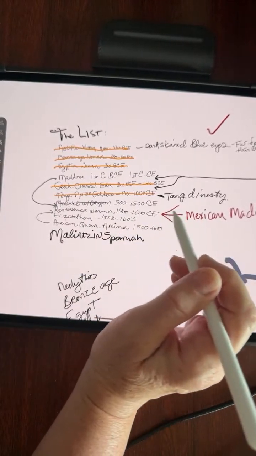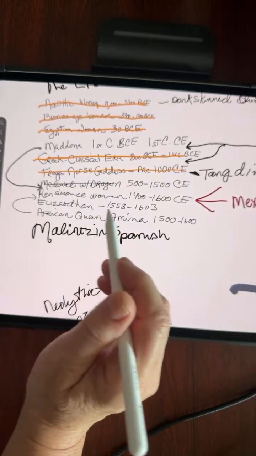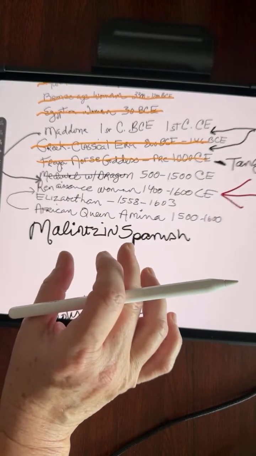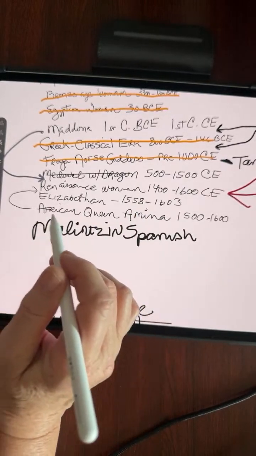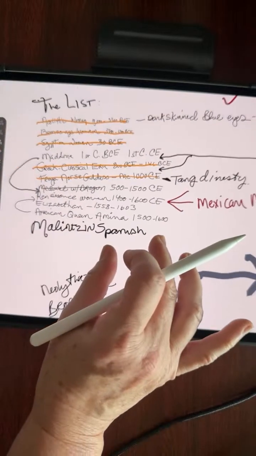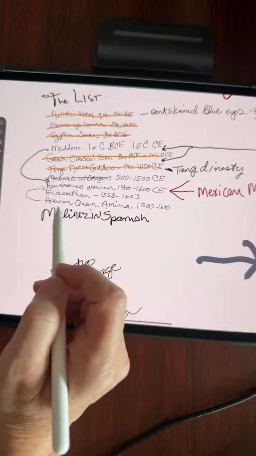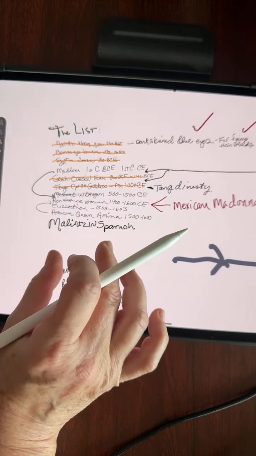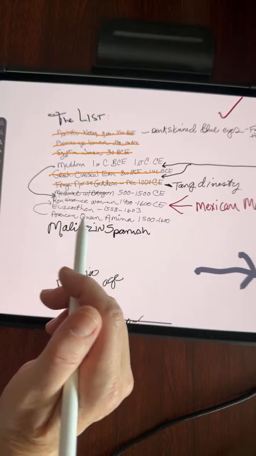And then Mexican Madonna. Okay, so I wanted to do Elizabethan because I thought the clothes were amazing there. The Renaissance has got beautiful stuff. There's this African queen, Amina, but again, she didn't come into it until 1500, 1600. And so there's a lot of imagery that I can borrow from or learn from about that style.